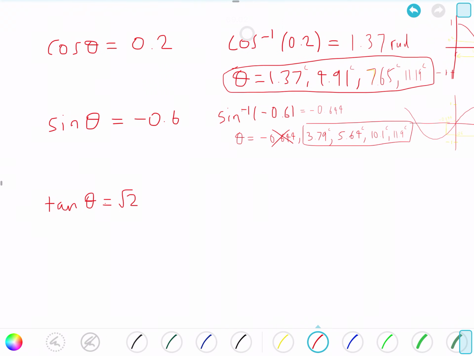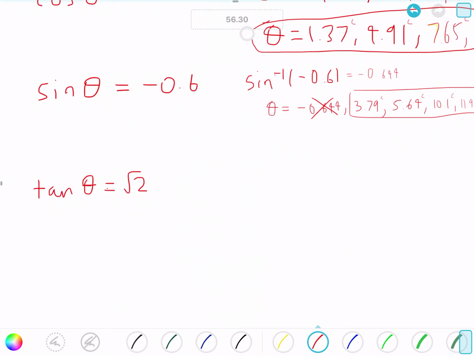So let's just use the calculator. Inverse tan, root 2. Oops. Try that again, sorry. I get 0.955.